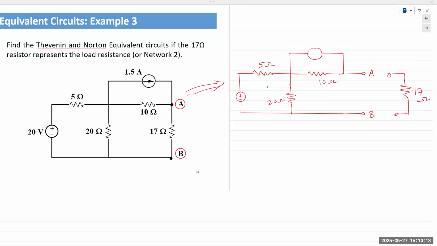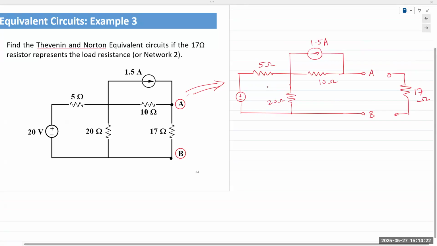Current source, 1.5 amps. So find the Thevenin and Norton equivalent circuit as seen from the perspective of the 17 ohm resistor.